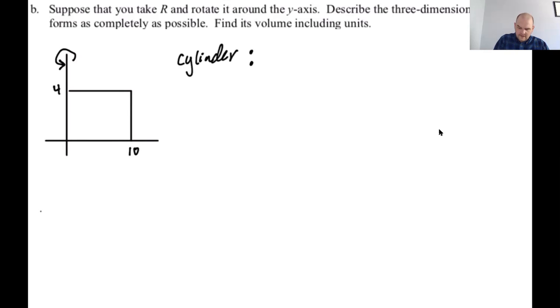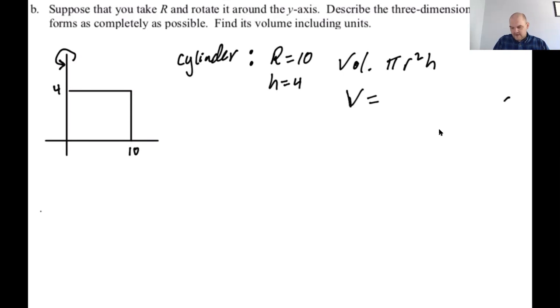and then the radius is 10, the height is 4, so the volume is going to be pi r squared h. So the volume, that's a V, is going to be 400 pi.